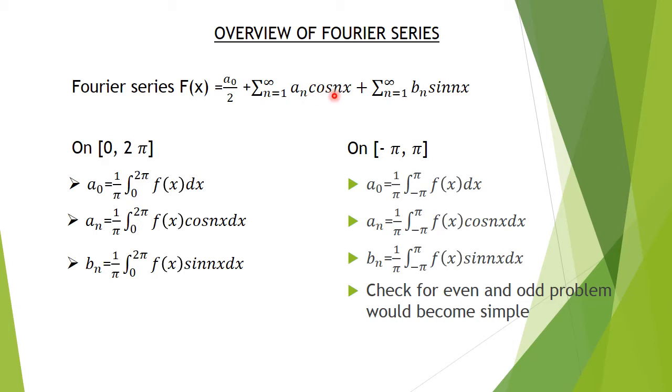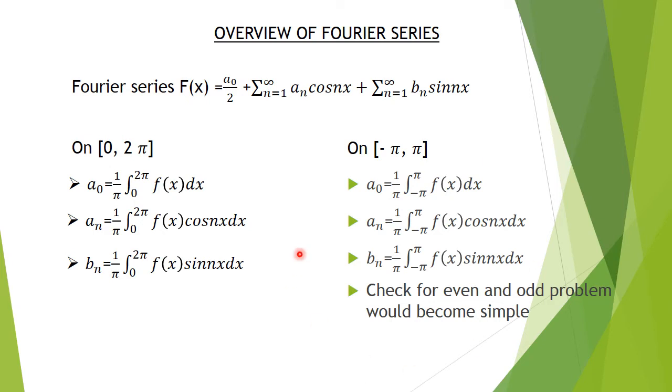Whatever cos nx we write here, the same we write there. And b_n = 1 upon pi integral 0 to 2 pi f(x) sin nx dx. These three are called Euler's coefficients or Fourier's coefficients.